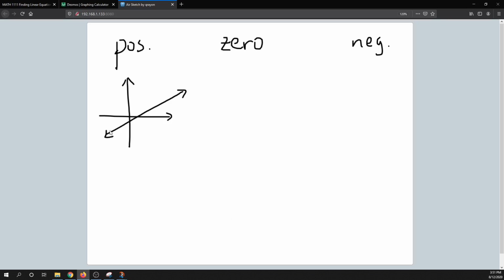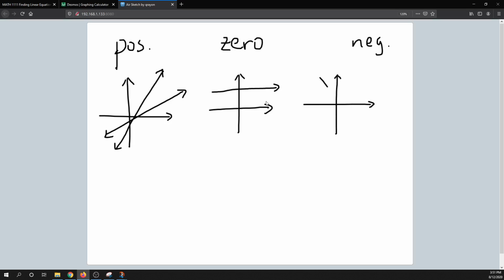So a line with positive slope will go up as you go to the right. And the bigger that positive number is, the steeper the slope of the line is. If the slope of the line is 0, that means it's going to be a perfectly horizontal line like this. That's slope 0. And if the slope is a negative number, that means that the line is going to be going down as you go from left to right.